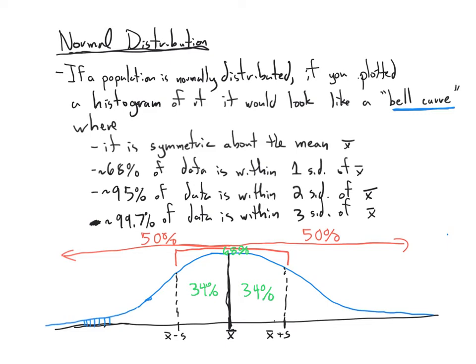We know that within two standard deviations, there's 95% of our data. So I know, let me put them in here, and just in terms of space, instead of saying x minus 2x and x plus 2x, I'll just put the minus 2s here, and here I'll put the plus 2s.